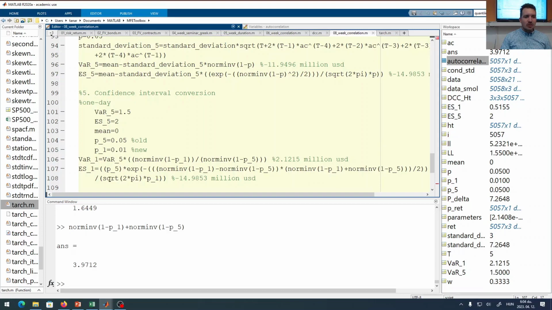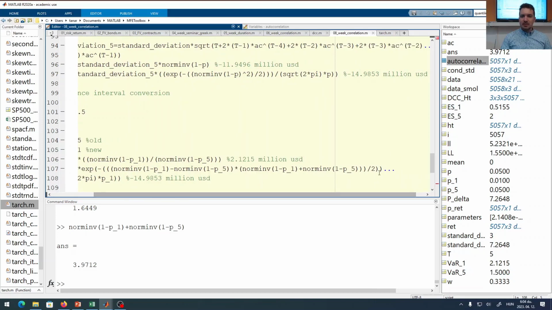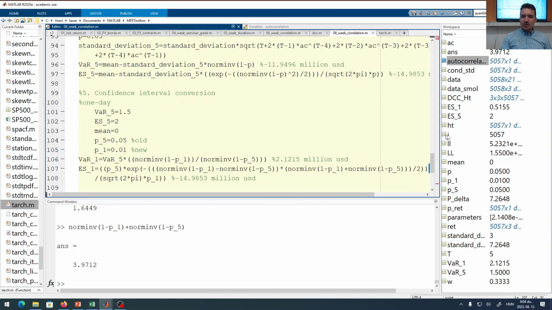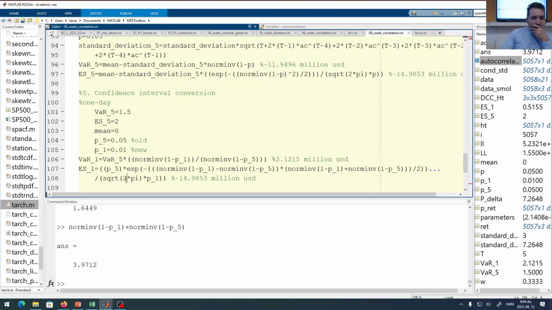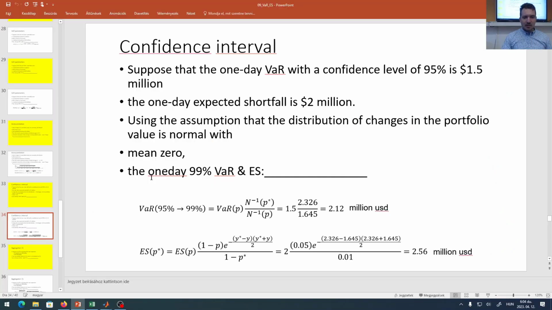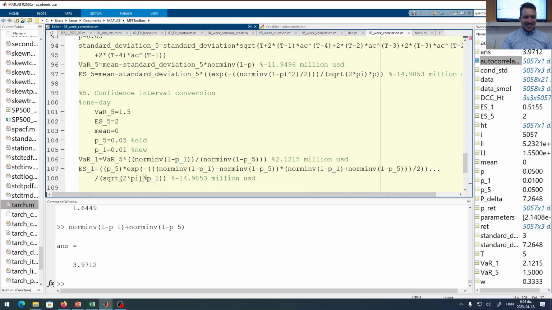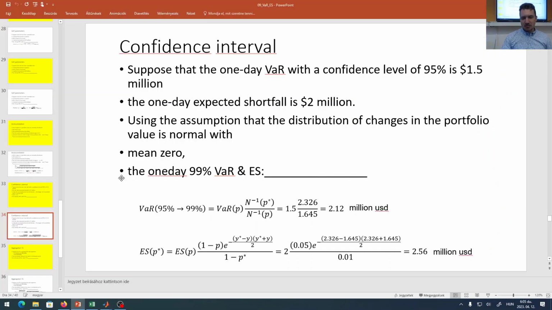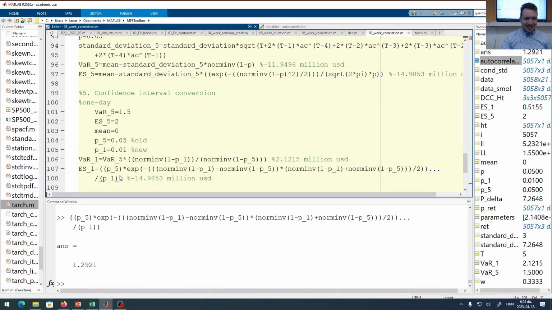It's divided by the square root. Is it the same? Yeah, it is the same. Multiplied by p1. Oh yes, this is absolutely not necessary. No. Still not good.